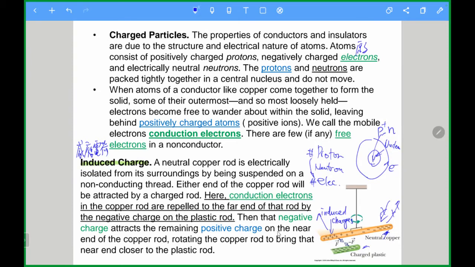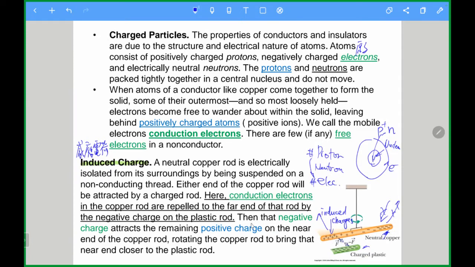The negative charge attracts the remaining positive charge, since opposite signs of charges attract each other. So in that case, we will see these two rods attracting each other.